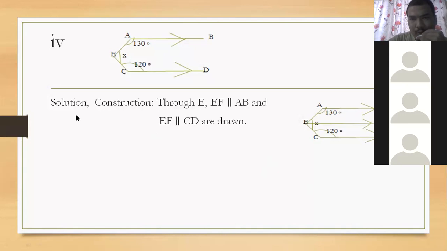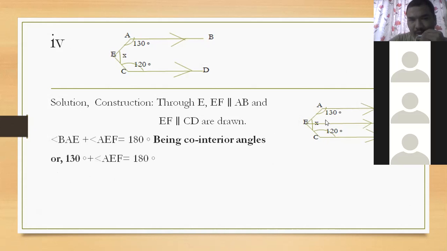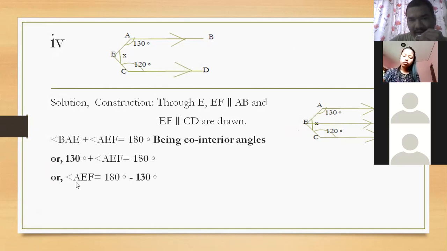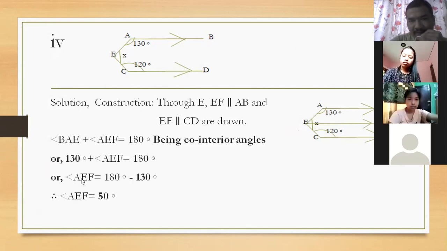Now we are finding this first upper angle. This is the co-interior angle as I told you, AEF and this upper angle BAE. When you find it, AEF angle is coming 50 degree. This upper angle is coming 50 degree. Okay, children?